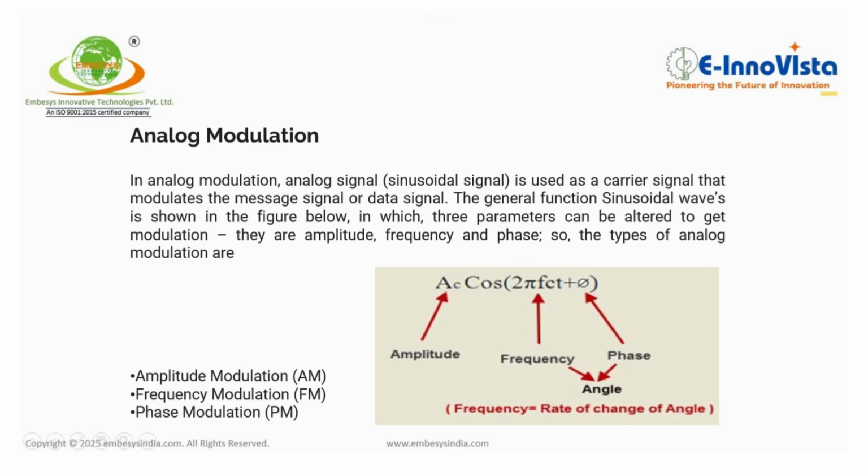Amplitude modulation is A_c cos(2π f_c t + φ). This is the equation of the modulation. A_c refers to the amplitude, f_c refers to the frequency, and φ refers to the phase angle.